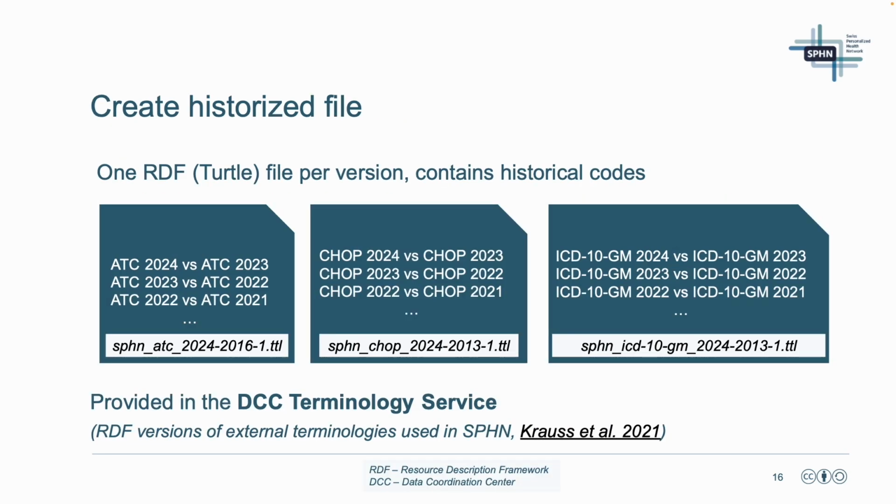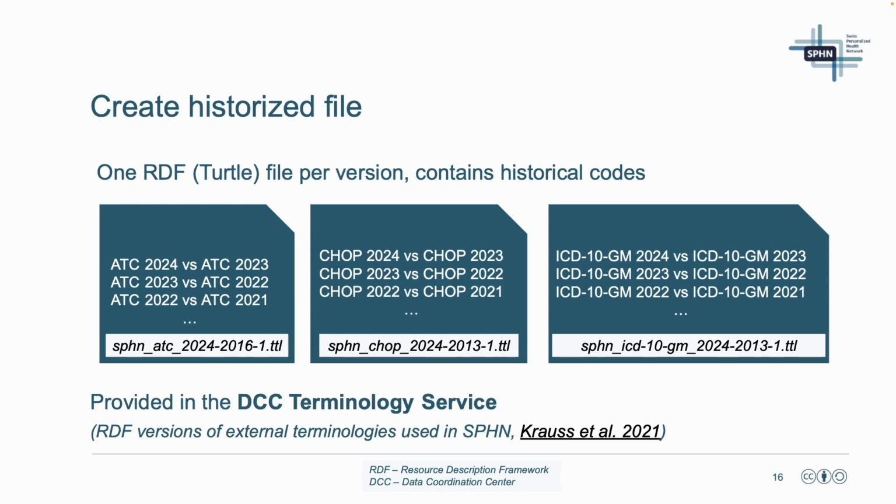Then we create these historized files for these 3 terminologies. Basically, 1 turtle file per version is generated, containing all the codes of that version, but also the historical ones.